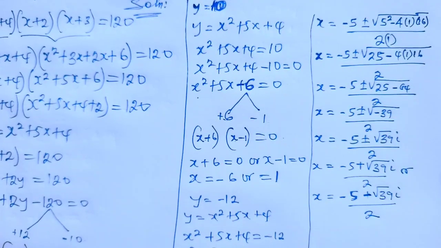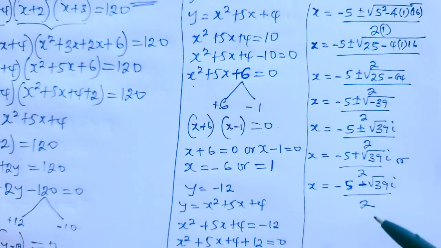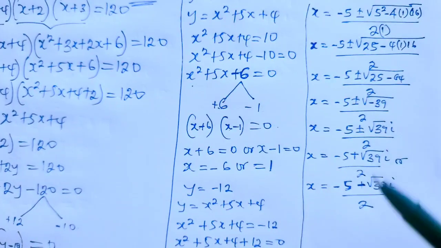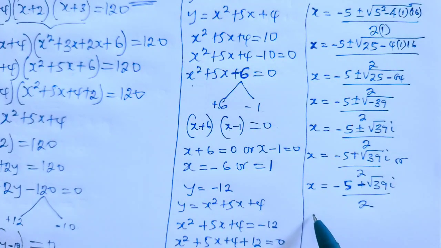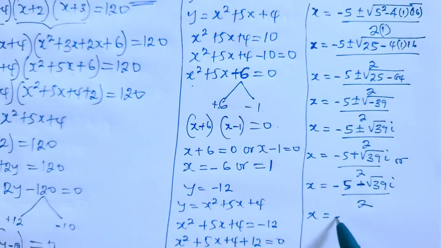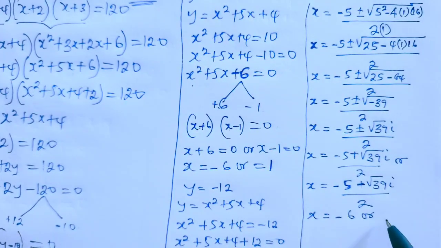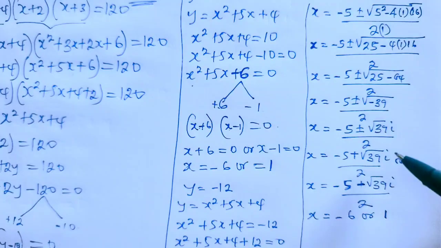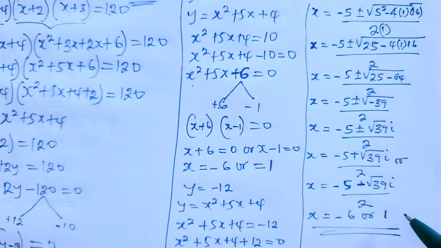These are the complex values of x. For the real values of x, we have x equals minus 6 or x equals 1, and these are the four possible complete solutions of this given equation.